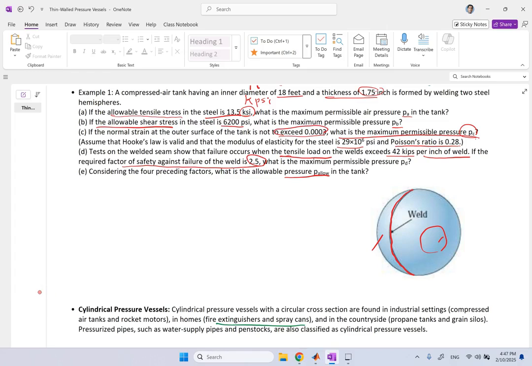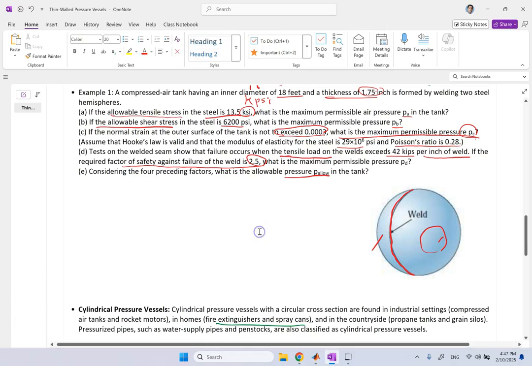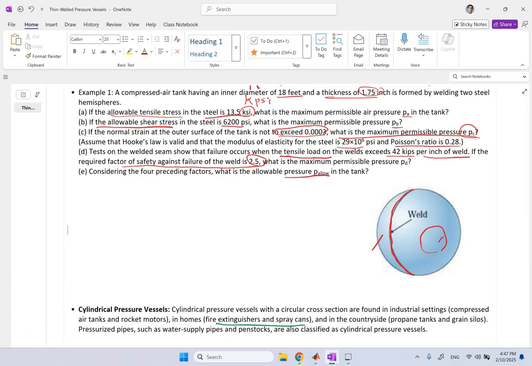We don't want the dimension of this tank to change significantly. And finally, we look at the maximum normal stress on the weld. Now, you might come up with another one, maximum shear stress in the weld as well, but typically for weld we go with the maximum normal stress. And so with all of this, I want to know how far I can go up in terms of pressure in this tank before the failure happens.